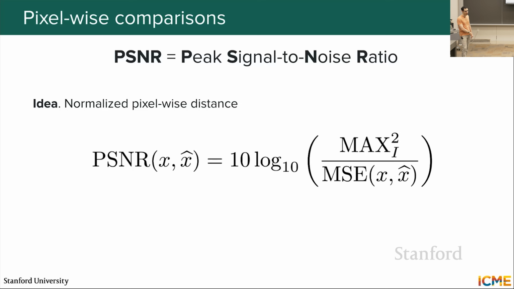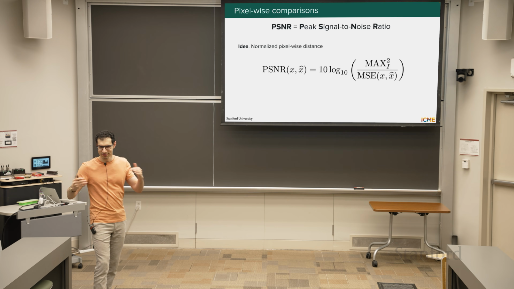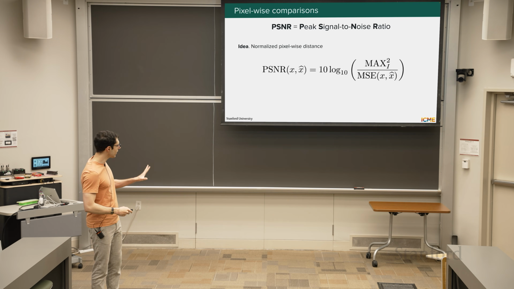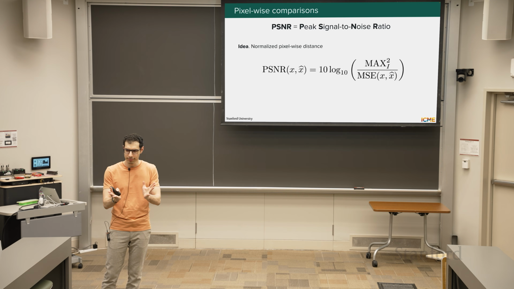which is the reason why you have another metric that is still pixel-wise, called the peak signal-to-noise ratio, PSNR, which normalizes MSE with respect to the maximum value that it can take. So this allows you to at least get a reference or put things into context. It not only does that, it also wraps the thing into a logarithm.